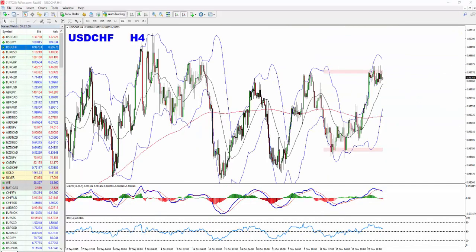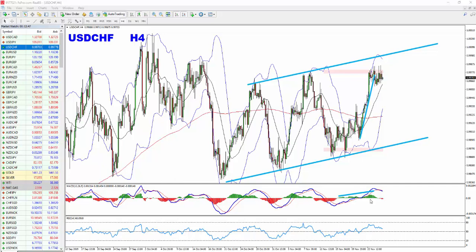What you can see on this pair, that we are moving in a bullish structure, expecting that to continue higher. We got the move to the upside, no divergence against, as you can see, only gaining momentum, right?